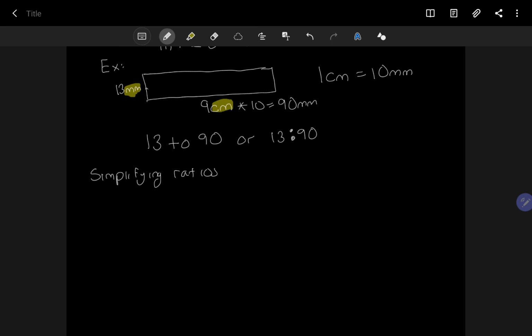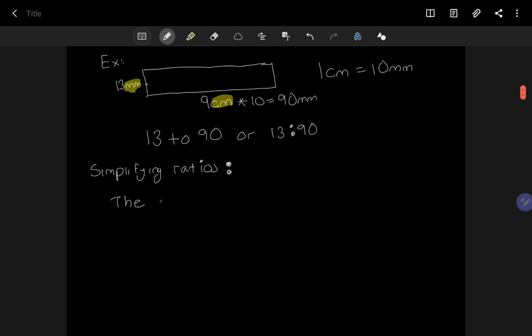So for the next part, let's consider simplifying ratios. Just like the one before where we had 13 to 90, sometimes we might get something like that. But sometimes we might get something that perhaps says the ratio 2 to 10.